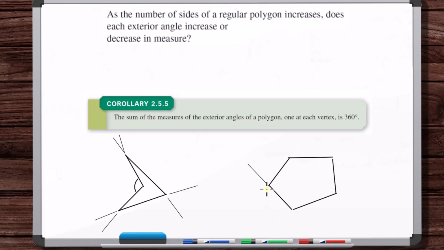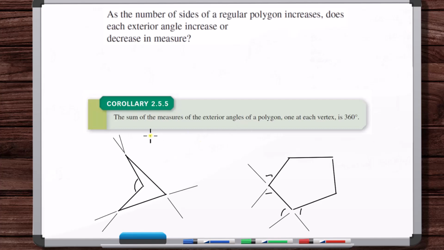So they've all got these side extensions with these two congruent exterior angles. This is the two exterior angles. This is the two exterior angles. This is not an exterior angle. The exterior angle needs to have one of the sides of the polygon associated with it.